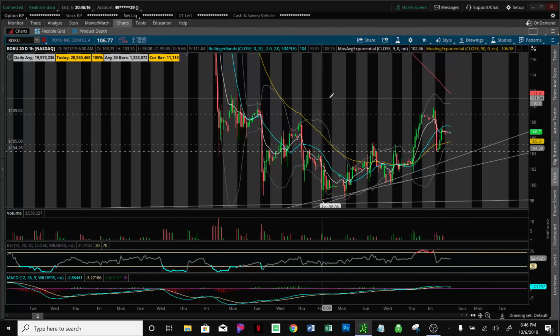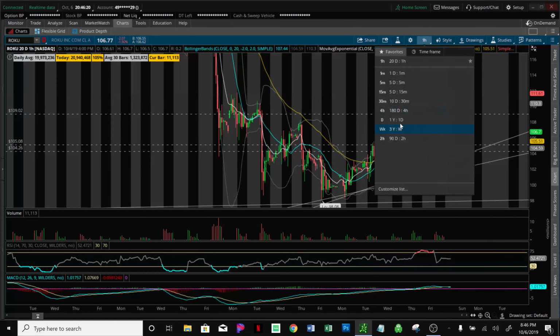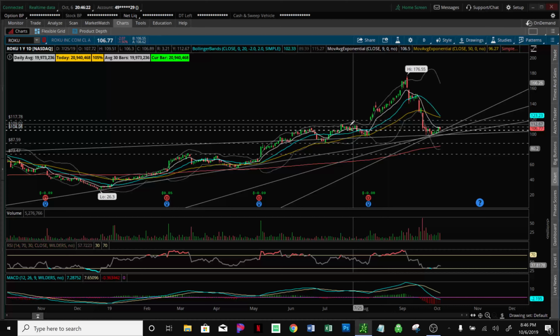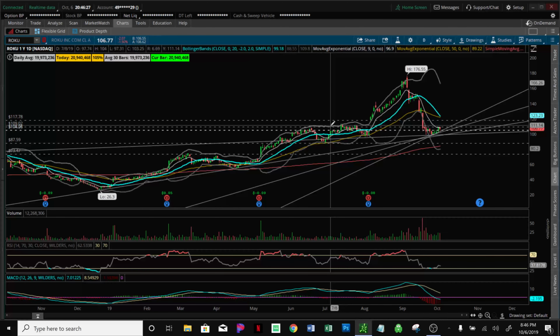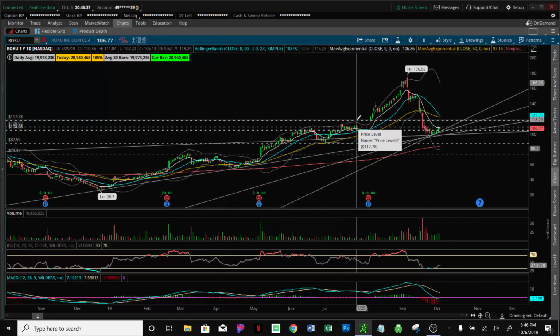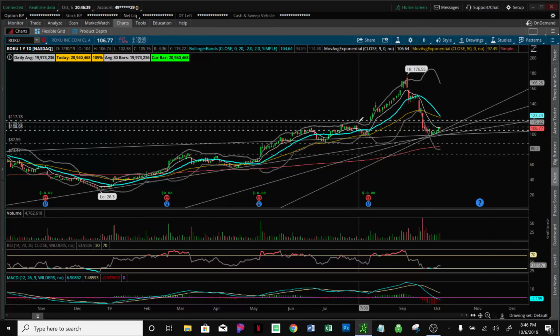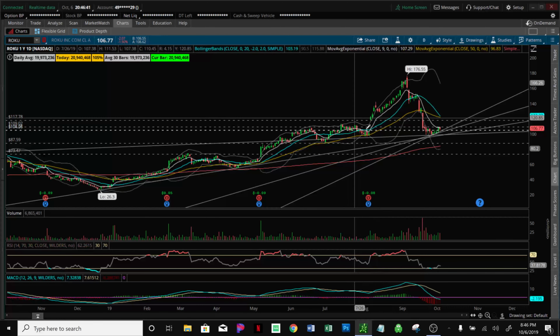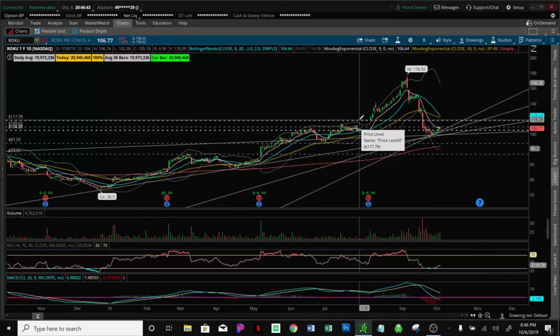Or maybe even looking for a breakout of this daily level, somewhere around here, the 111. But I definitely think this is wanting to fill this gap to 118. It's yet to be seen if that will happen or not.